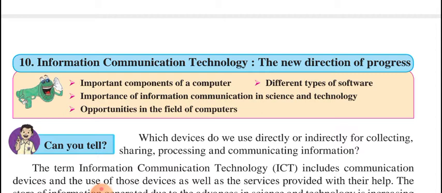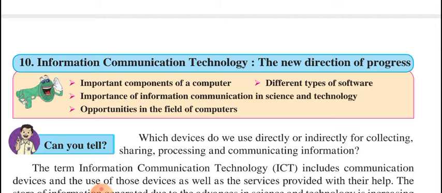Now we will go ahead with science 2. Till now we have studied science 1, chapter number 1, chapter number 2, and chapter number 4. Now whatever I am going to teach you is part of science 2. In science 2 I am taking chapter number 10.